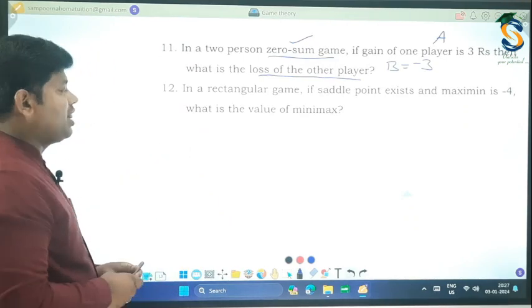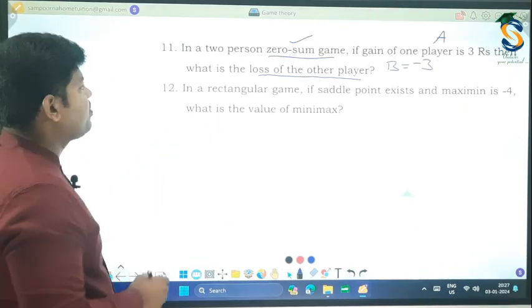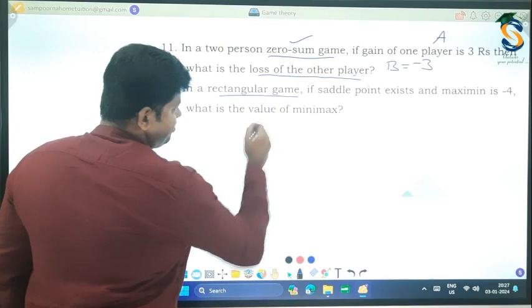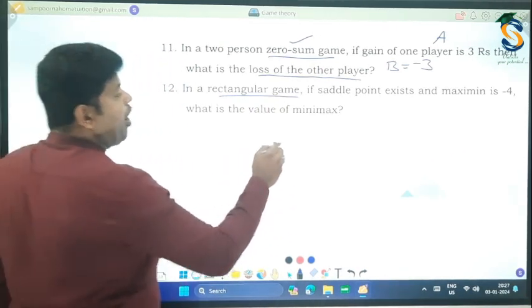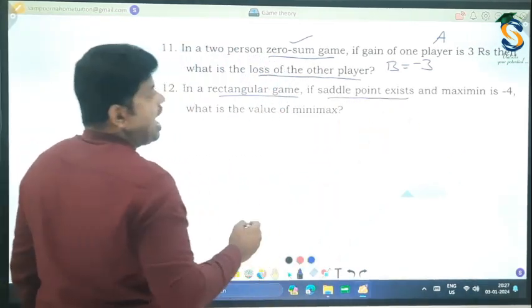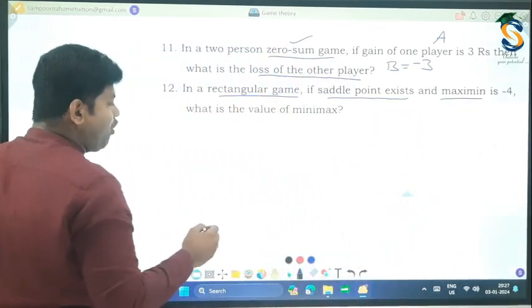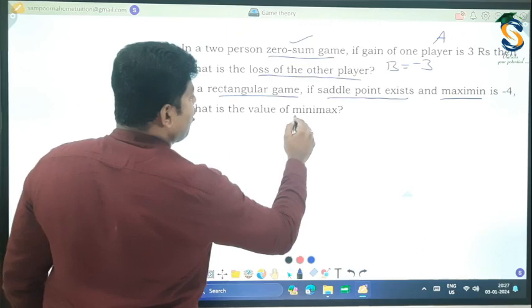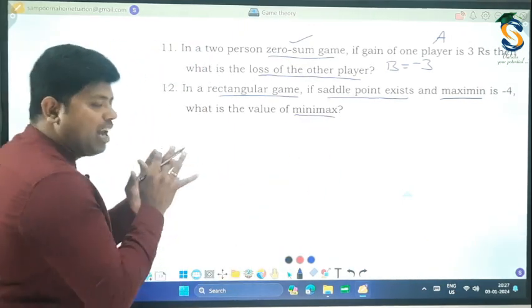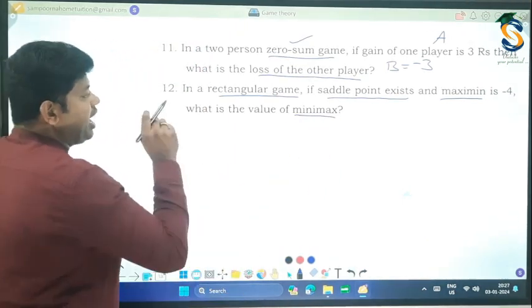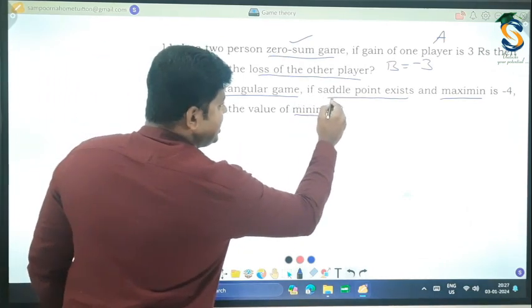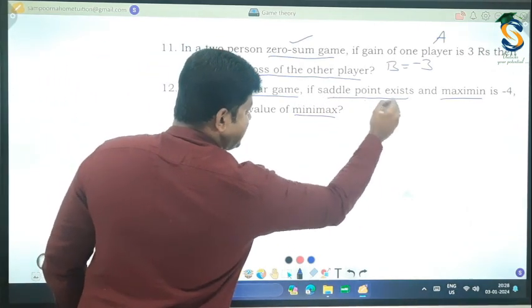Now, the 12th, that is a 1 mark question again. In a rectangular game, if a saddle point exists and the maximin is minus 4, what is the value of the minimax? See, in this kind of question, remember, you have to analyze. This is very important. Saddle point exists.